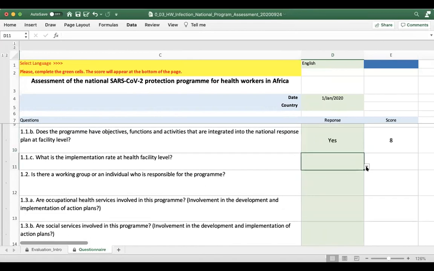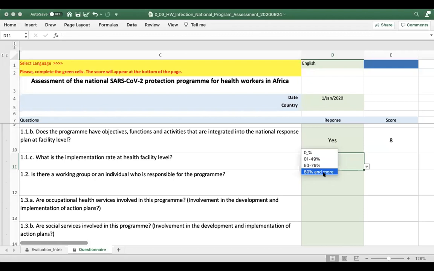So as you can see, some questions are dichotomous, meaning they have a yes or no response. Some questions are multiple choice, meaning for question 1.1c, the question here is, what is the implementation rate at a healthcare facility level?